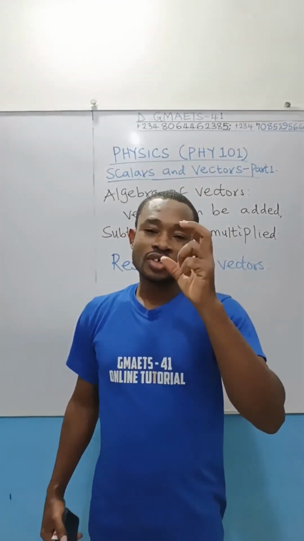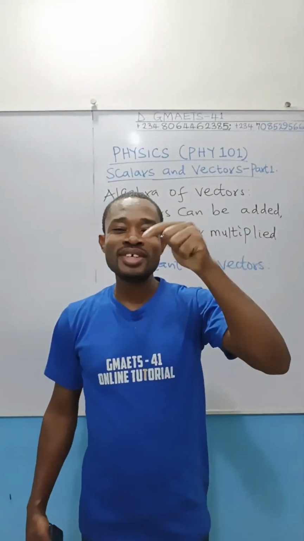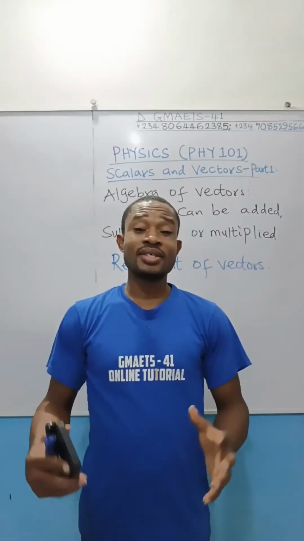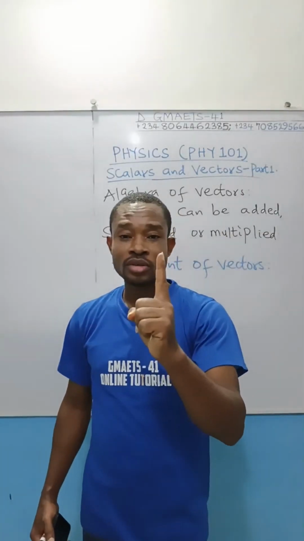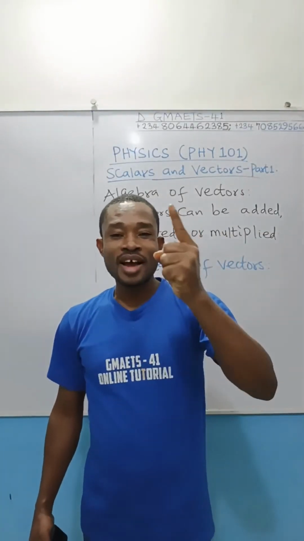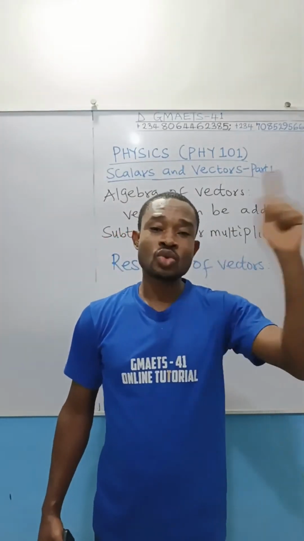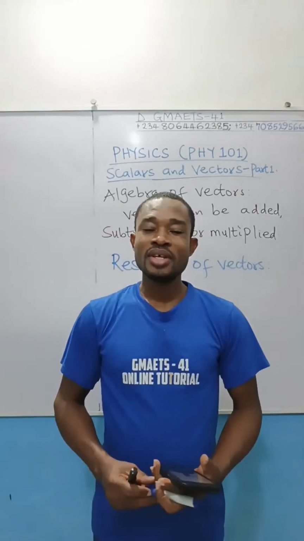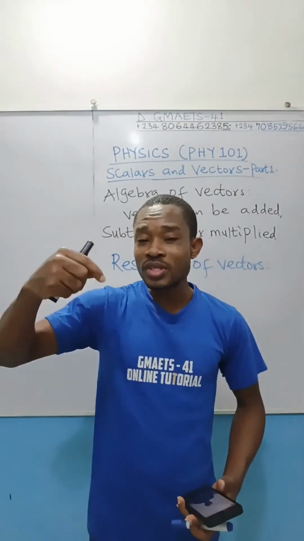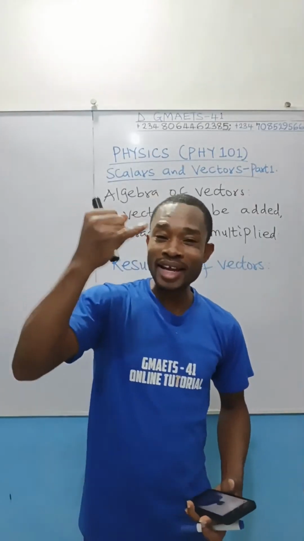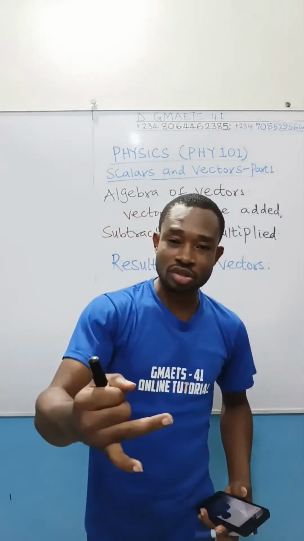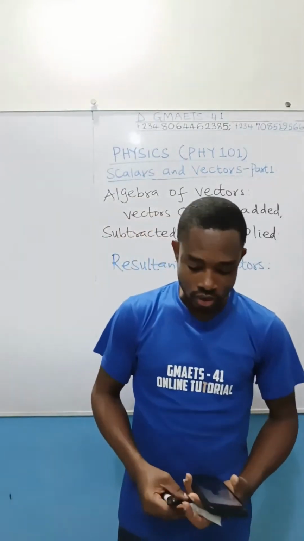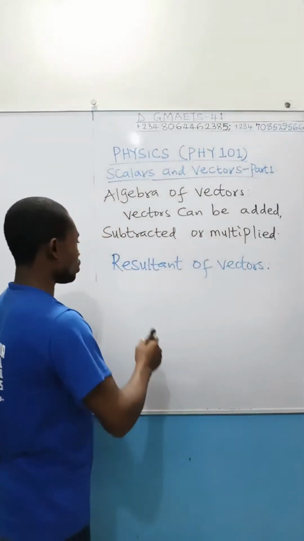This resultant will produce the same effect in magnitude and in direction, because it is one vector that would have the same magnitude and direction as 2 or more vectors acting together. So any single vector that will produce the same effect in magnitude and in direction as 2 or more vectors acting together is what we call the resultant of a vector.